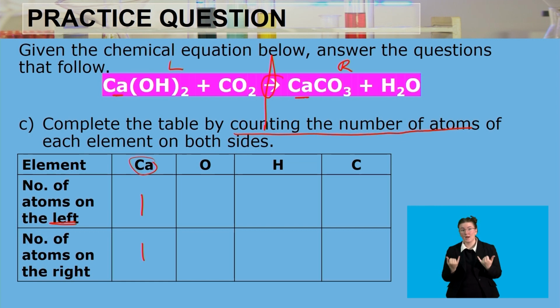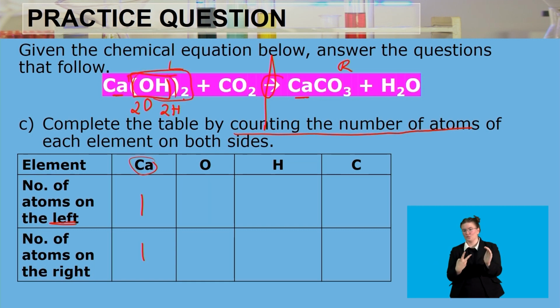Now, what about the oxygen atoms that we have on the left-hand side? We're seeing that the oxygen is inside the bracket. Now that bracket has that number there, which is known as a subscript. The subscript tells us how many atoms we have in that particular compound. So this bracket tells us that we need to focus on the OH, which means we have 2 oxygen atoms and 2 hydrogen atoms on this bracket, including the 2.